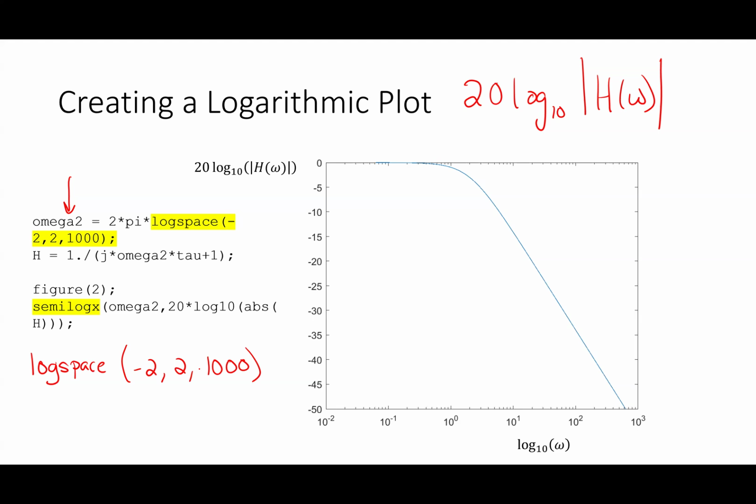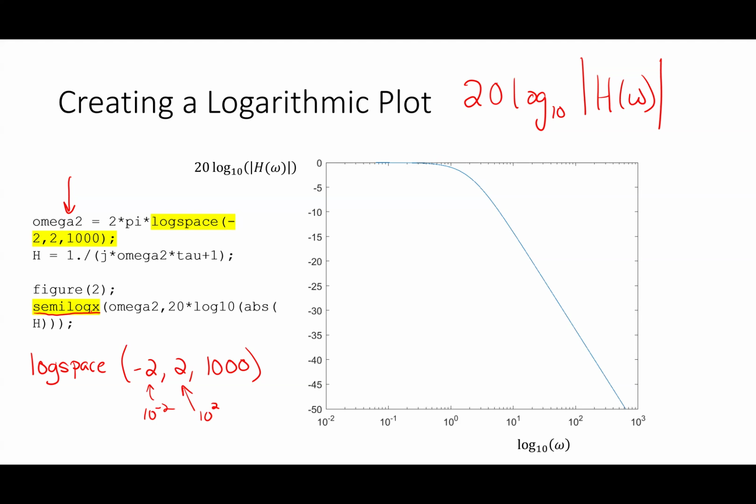What that does is it creates a set of frequencies, 1,000 points between 10 to the -2 and 10 to the 2. And then it creates 1,000 points between those two endpoints. And then I used what's called the semilogx command.